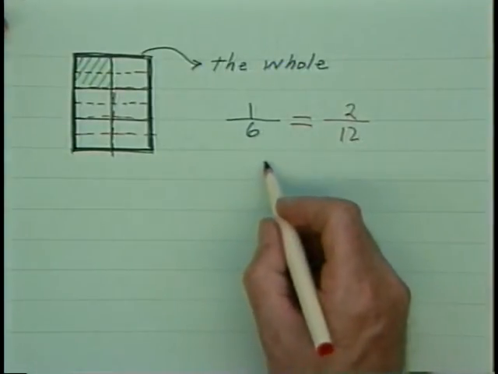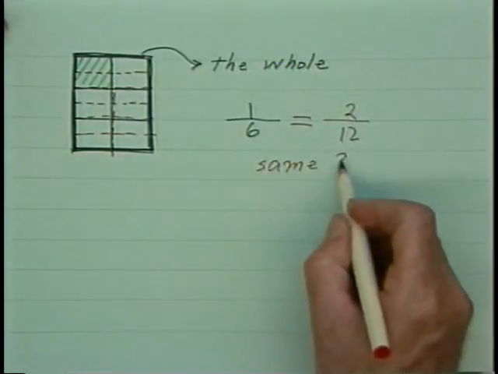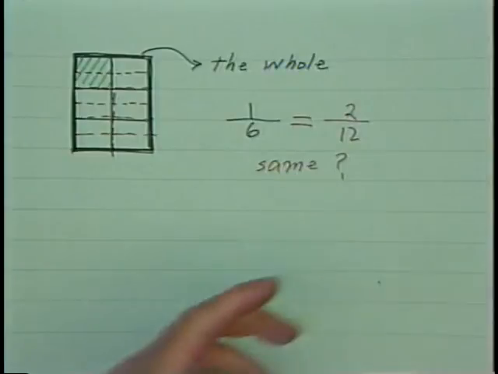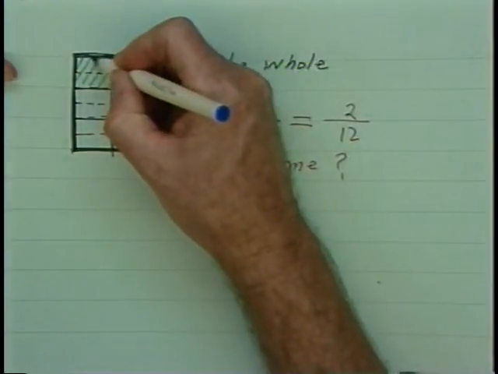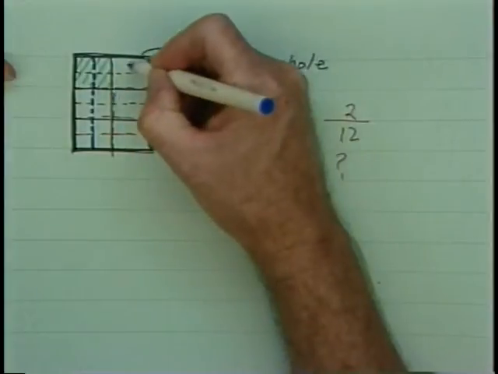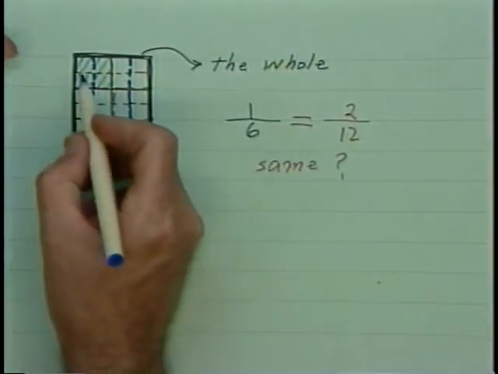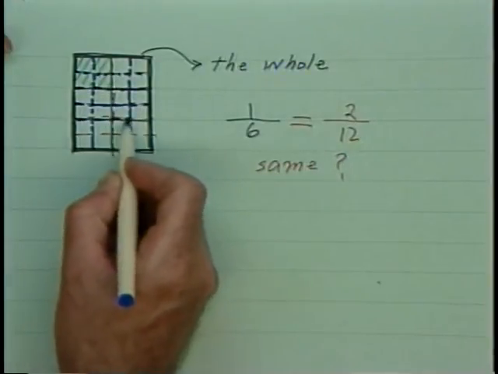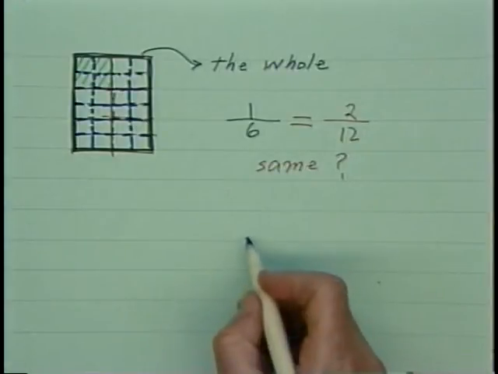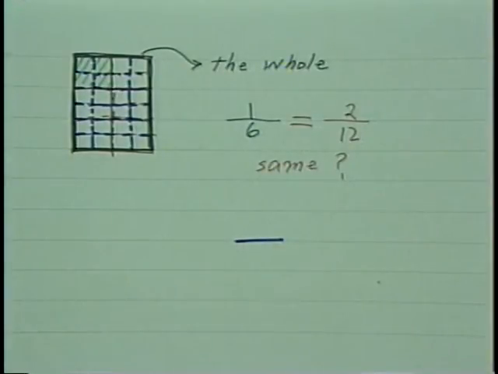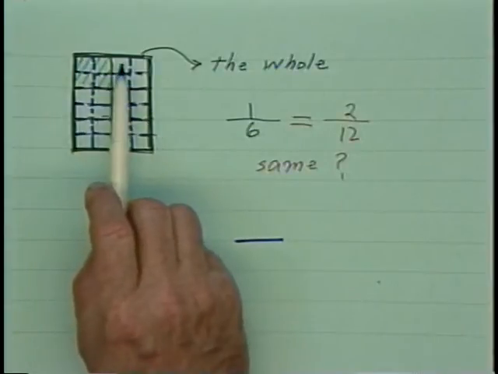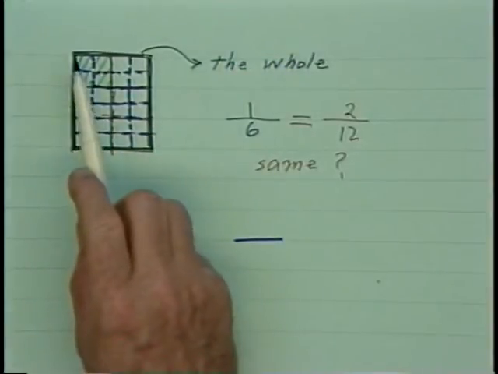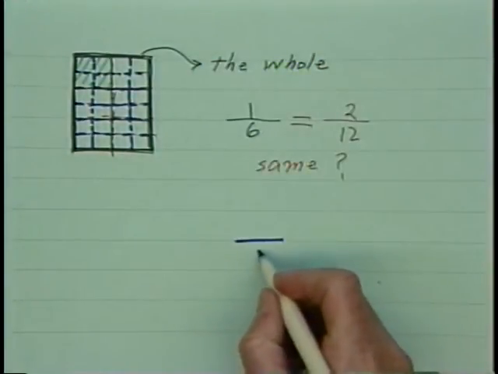So these two numbers must in some sense be the same number, or at least the same amount. We could have gone even further and divided it even smaller. Now we have very tiny squares subdividing the one large whole. So we could ask, how many very tiny squares do we have? Well, we have 1, 2, 3, 4 by 1, 2, 3, 4, 5, 6. So 4 times 6 is 24.